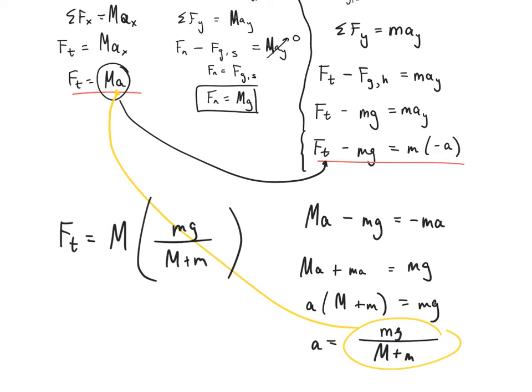If the big mass didn't exist, take a look. The big mass didn't exist. 0 times anything is 0, so would there be any tension in the rope? No, because there's nothing pulling back. If the little mass didn't exist, this becomes 0, and then again, 0 times anything is still 0. So the point is, if either of these masses weren't there, the rope would have no tension, which makes sense.